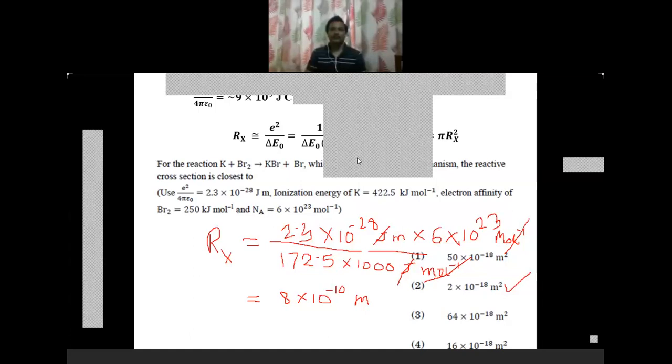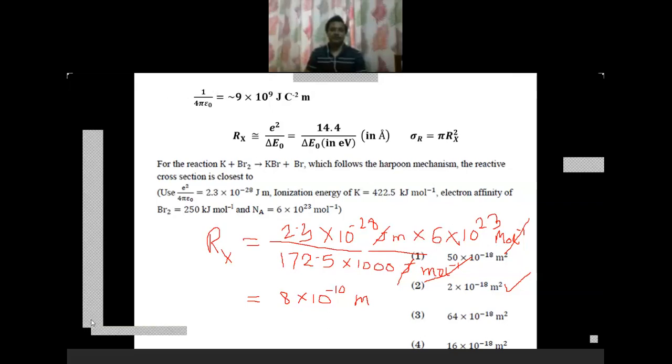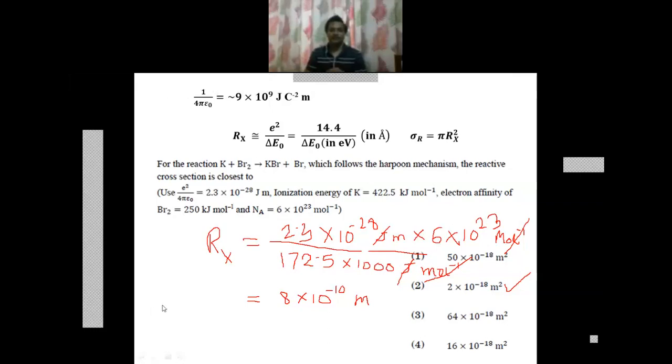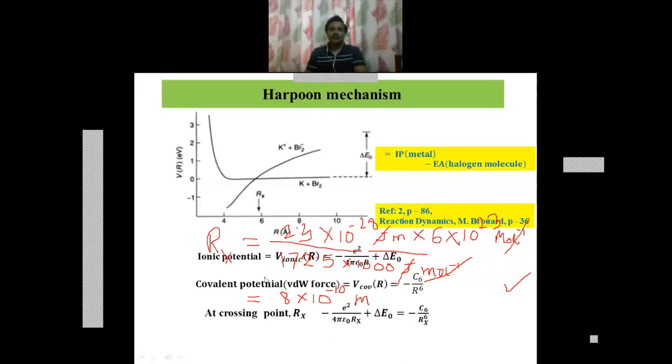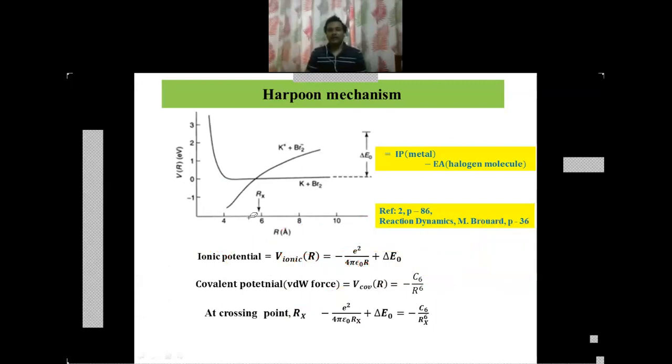yeah. So from this discussion, what you realize is that, if I go back here, you should be able to understand that this reaction cross section or the reaction probability, whatever you think about, basically depends on the potential energy, right?